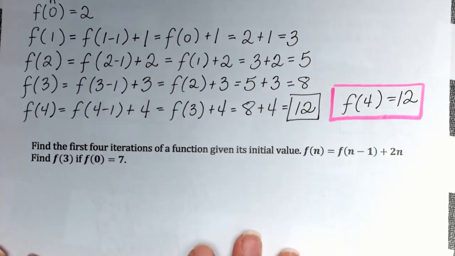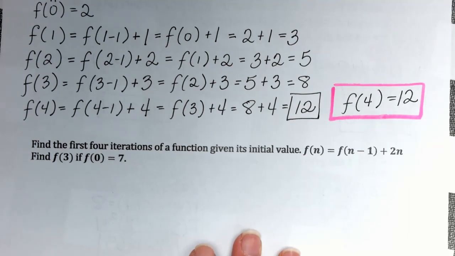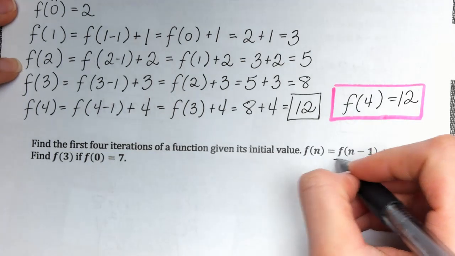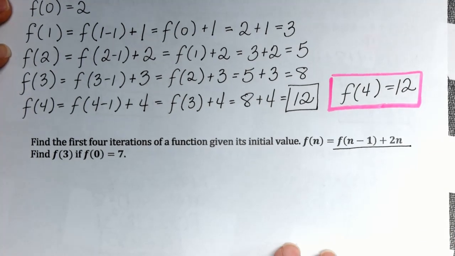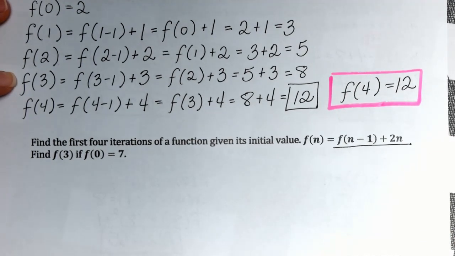Okay. Find the first 4 iterations of a function given its initial value. F of n is equal to f of n minus 1 plus 2n. Find f of 3, even though it says find the first 4, we're going to find f of 3 if f of 0 is equal to 7.